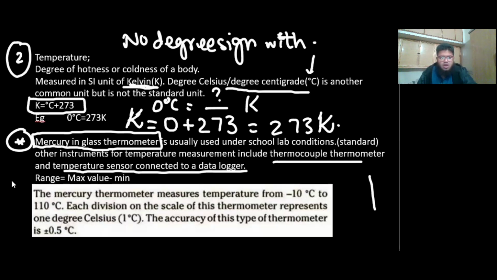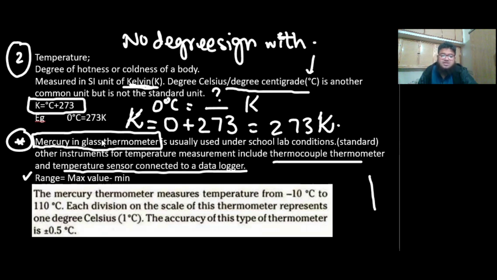Now coming down, how to calculate the range of a temperature. What is range? Range by definition means the difference between the maximum temperature that the thermometer or instrument can record, minus the minimum temperature that it can record.